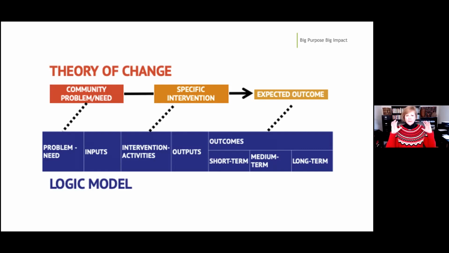But when a reviewer is looking at your application, what you don't want them to do is be scratching their head going, okay, the logic model says this, the theory of change mostly sounds the same, but they're talking about some other stuff, maybe with different language.